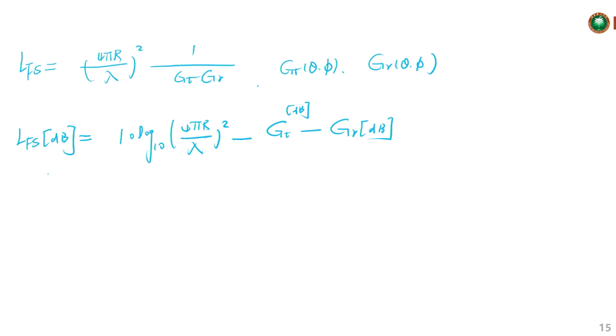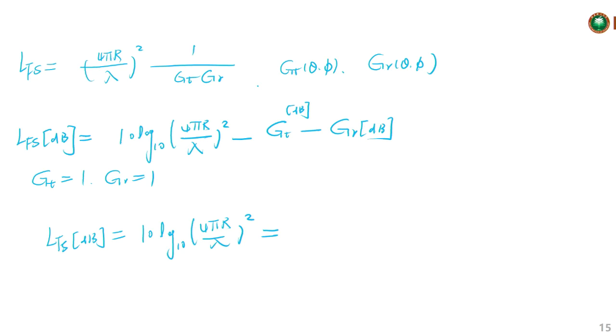Actually, mostly, we regard Gt equals 1 and Gr equals 1. So there's no antenna gain. The free space path loss can be expressed as 10 log 10 of (4 pi R over lambda) square, and sometimes we can look at it as 10 log 10 R distance plus 10 log 10 f frequency plus a constant, right?